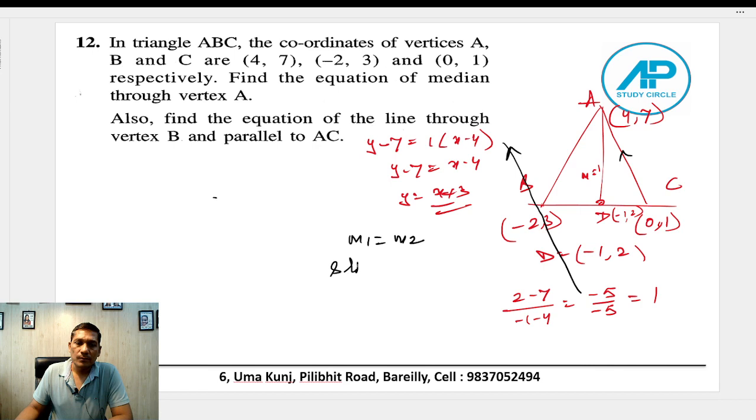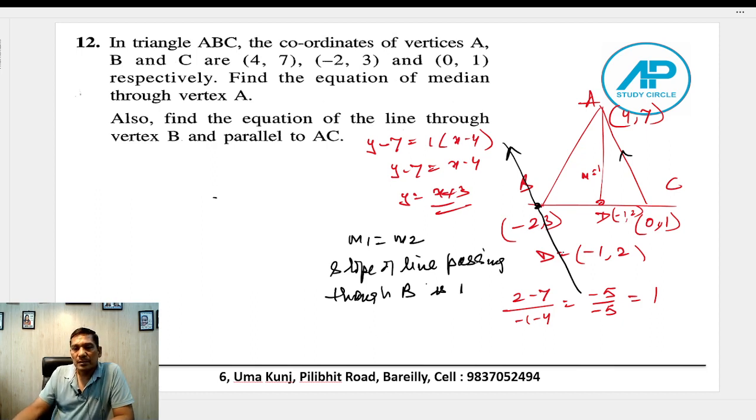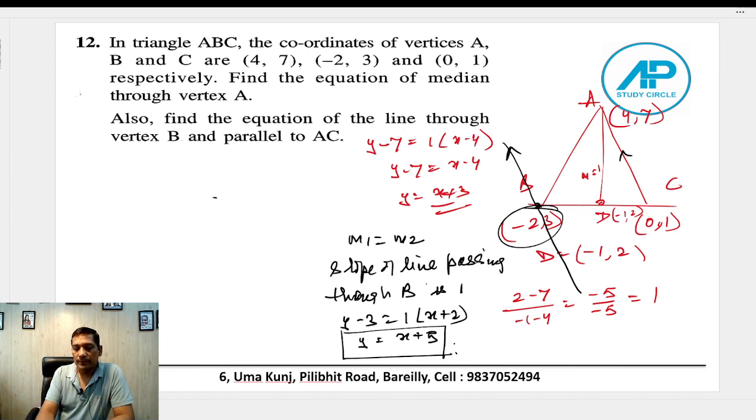So the slope of this line passing through B is 1, but the passing point changes. So the equation becomes y minus 3 equals 1 into x plus 2. Y equals x plus 5. Y equals x plus 5 is the equation of a line passing through point B and parallel to AC.